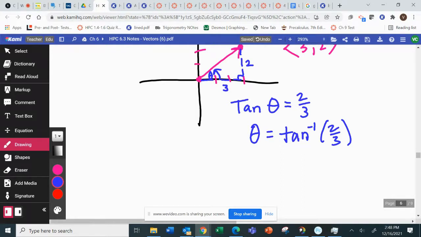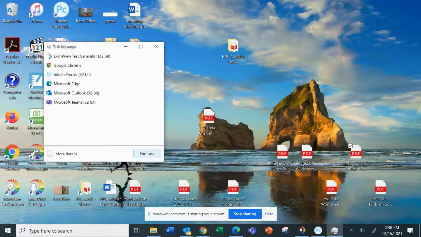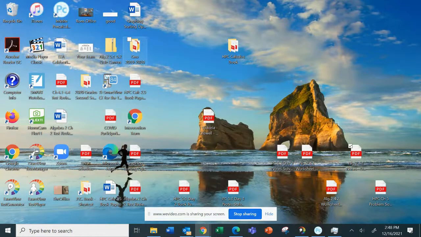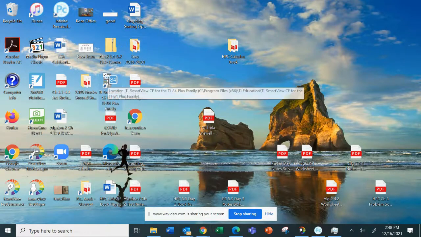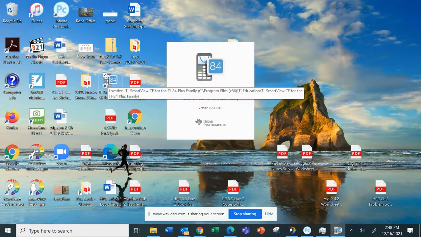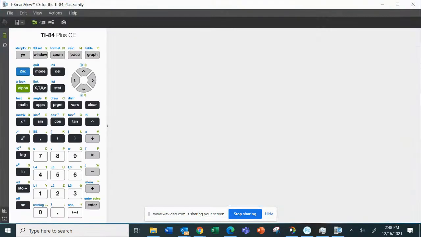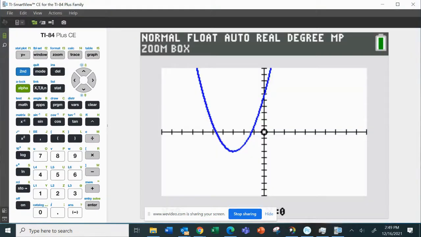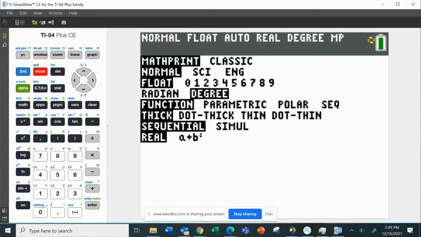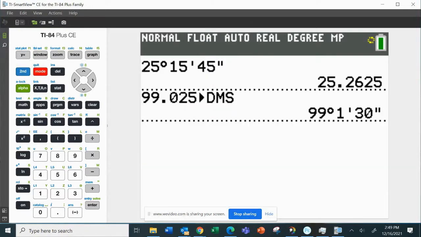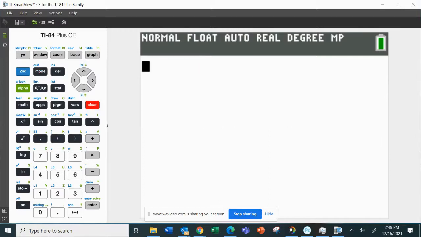Here, I got a calculator somewhere. So if you want to grab out your calculator, we are going to use it for a couple questions. And we're in degree mode. I think it's going to keep switching here and there while we do vectors, but it's going to start today in degree mode, so you can be in the right mode.